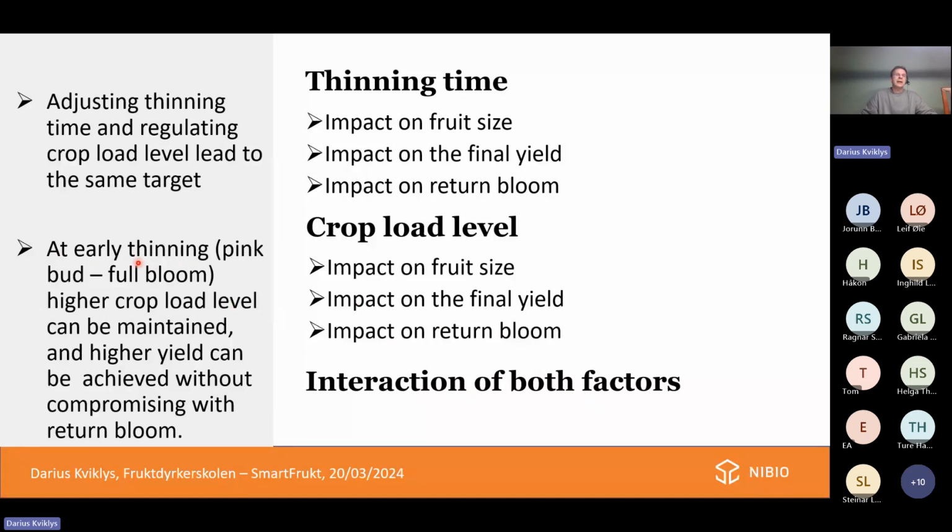If we thin early, at pink bud or full bloom, or even earlier with artificial spur extinction, we can maintain a much higher crop load level, and we can get higher yield, and still we can have good return bloom and next year's yield.